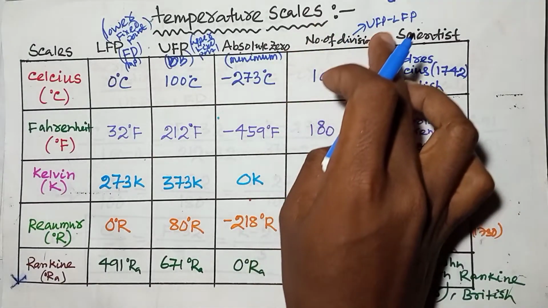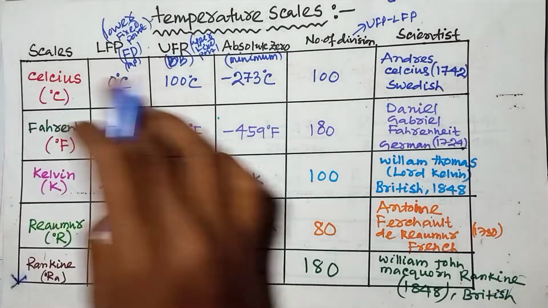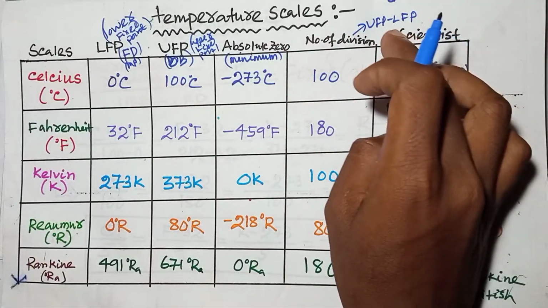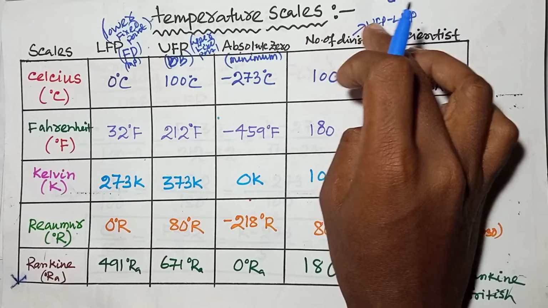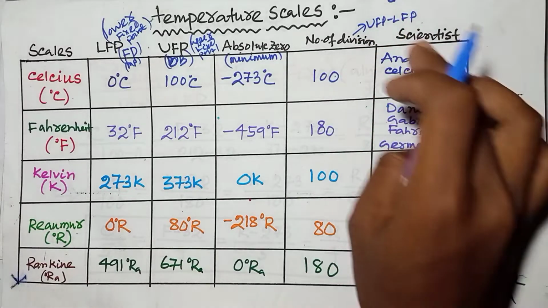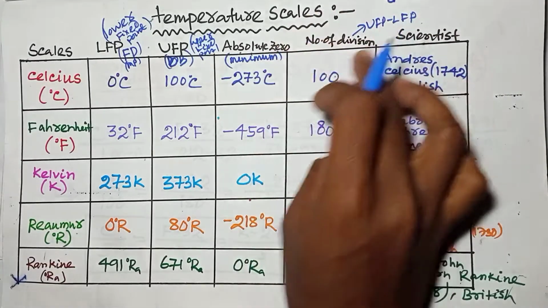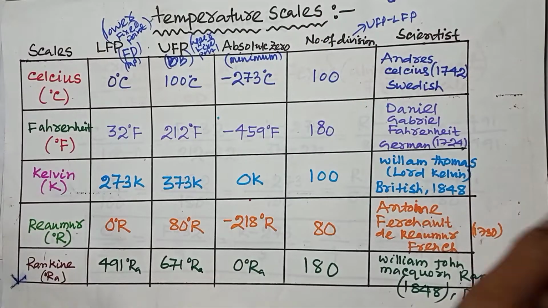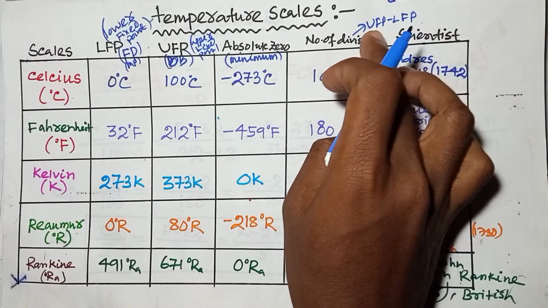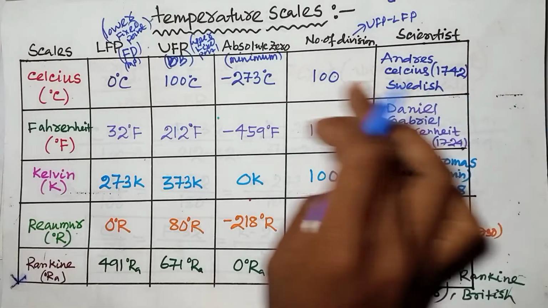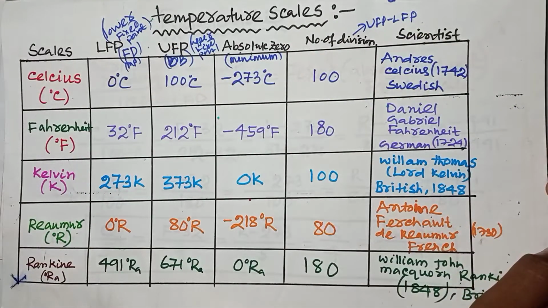Similarly we can determine the number of division in different scales by simply finding UFP minus LFP, that means upper fixed point minus lower fixed point. Or you can say the number of division equals boiling point minus melting point.